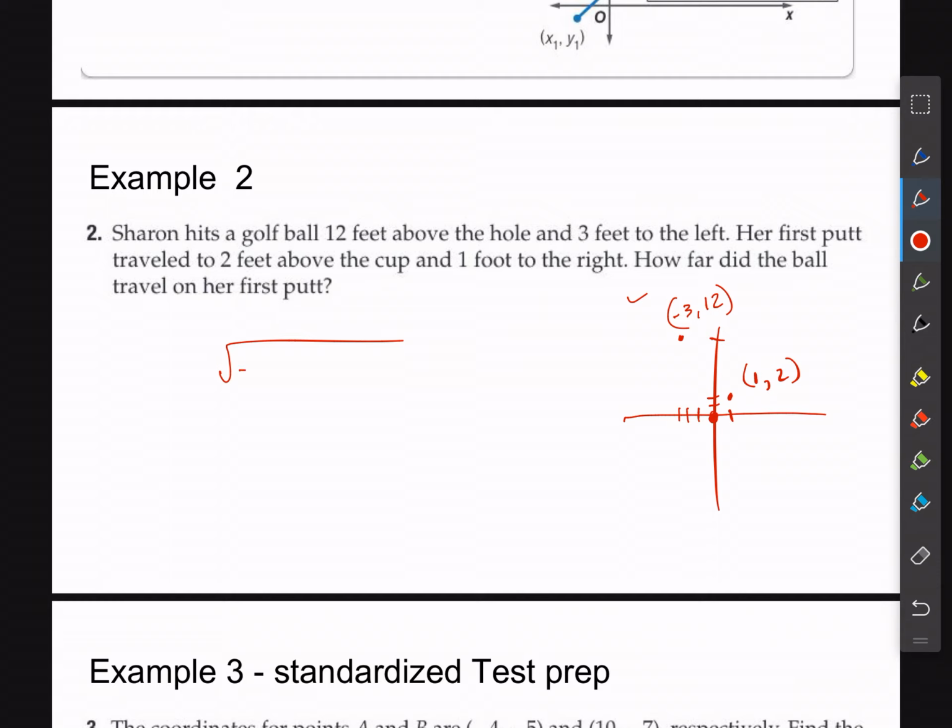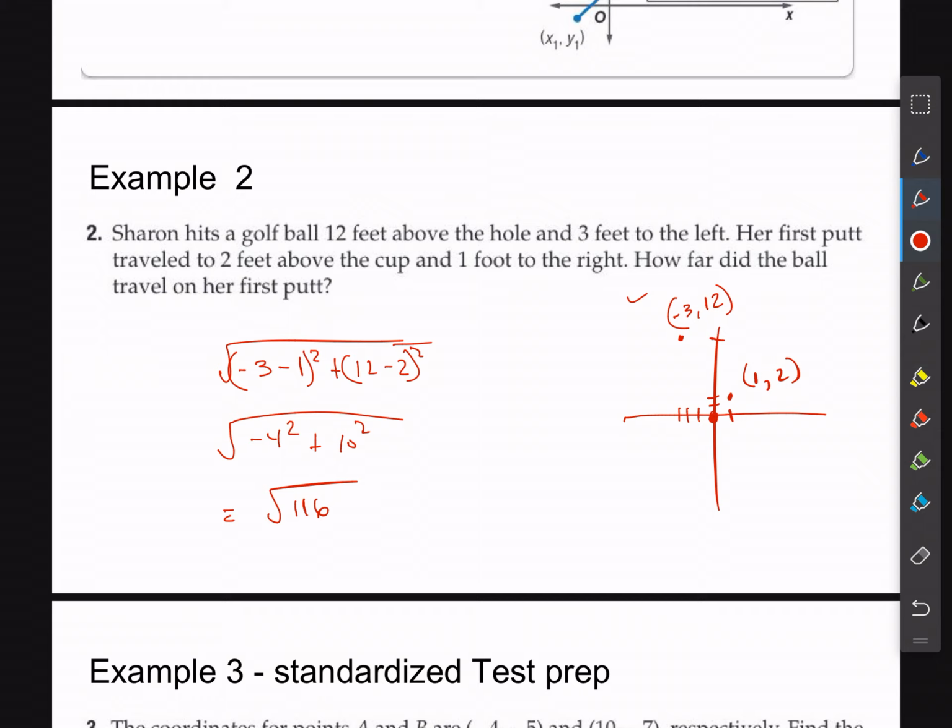So it'll be -3 minus 1 squared plus 12 minus 2 squared. When I do that, I get the square root of -4 squared plus 10 squared, which is the square root of 116. I guess I don't really mind if you leave it in terms of square roots here.